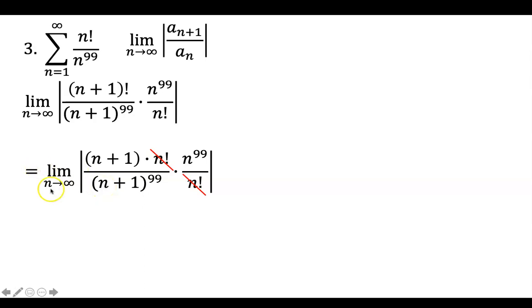Now that we've taken care of the factorials, this plus 1 is really insignificant because I'm taking infinity plus 1. It doesn't really matter. And n plus 1 to the 99, again, adding 1 to infinity really doesn't matter.